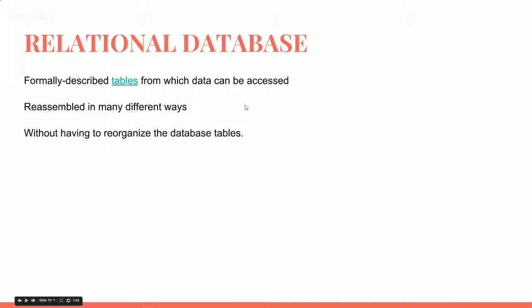The second type of database is the relational database. This is the most common one of all the different databases. It can store many kinds of tables and it can be used in many different ways without having to reorganize the database tables.